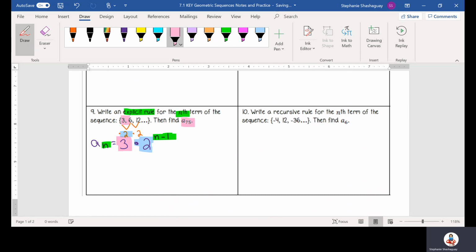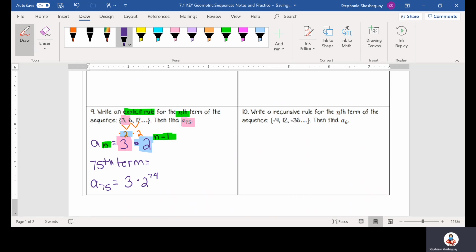So now they want us to find a sub 75. They want us to find the 75th term. So that would look like a sub 75 is equal to 3 multiplied by 2 to the 75th minus 1 power, so 74th power.